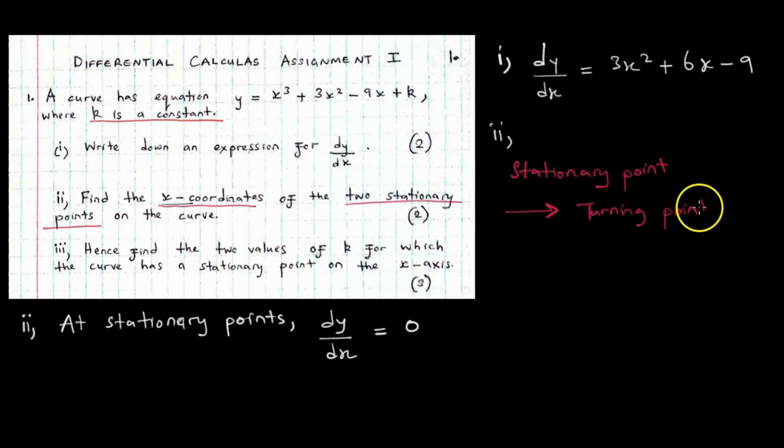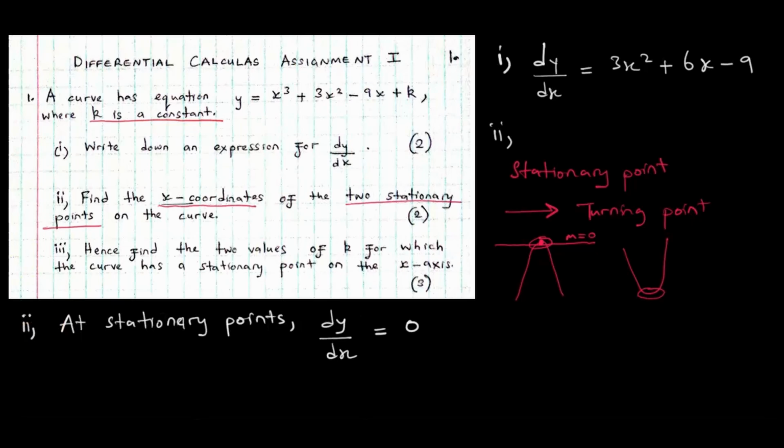If we have a curve like this, this is the turning point, or stationary point, on our curve. And we should know that if we were to find the gradient at this point, using the O-level method of tangents, this horizontal line has a gradient of 0. That is the explanation why at stationary points dy dx is equal to 0.